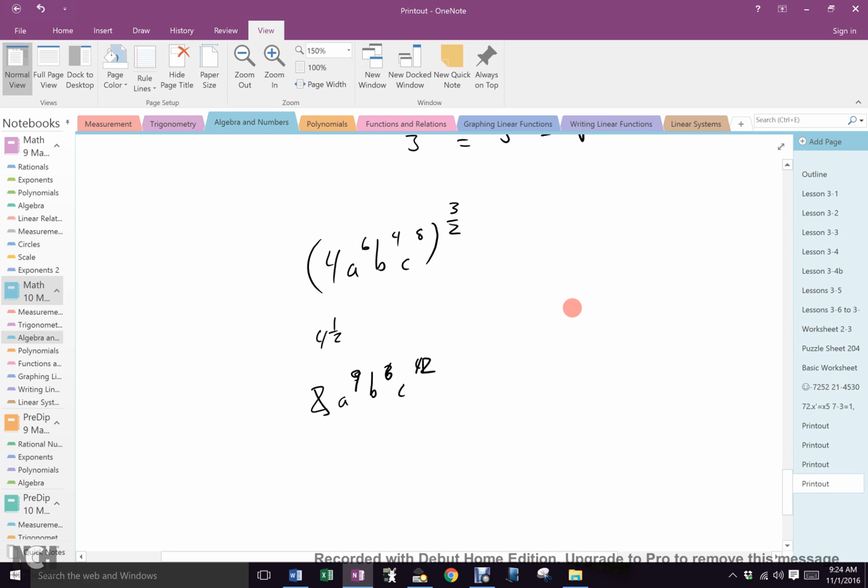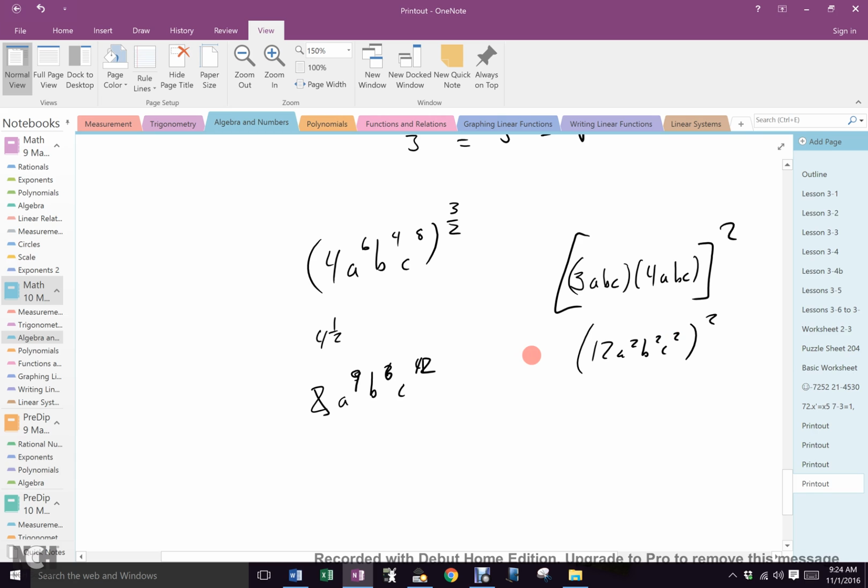Okay, the other huge mistake made on this test is this. 3abc times 4abc, all squared. People don't do these brackets first. What's inside these brackets? 12a squared b squared c squared.